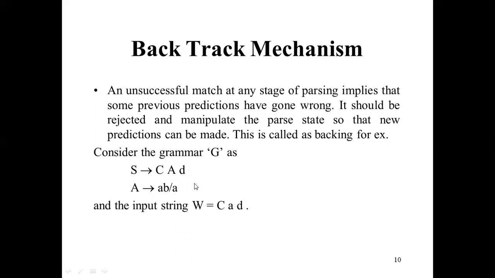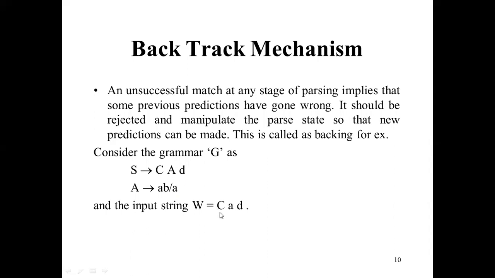We will do the backtrack, we will use the backtrack mechanism, and then we will choose this option. Then capital C, and A will be replaced by small a. So here it will come capital C small a.